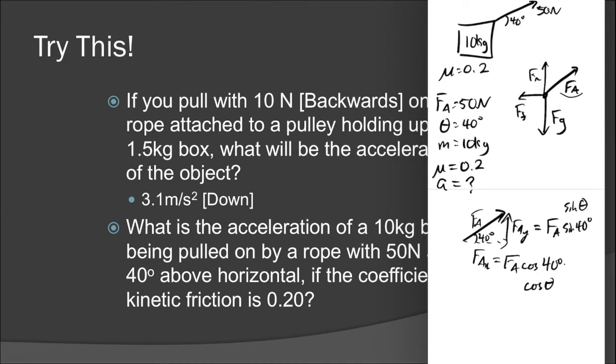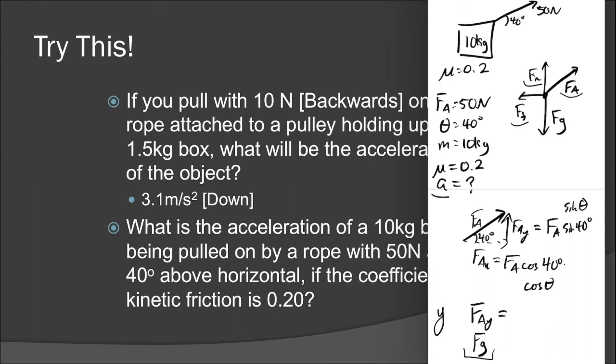So we know we wish to find the acceleration. Our first step is to look at our y force. Now in these questions, the first thing you need to check is to compare your FAY with your FG. If FAY is actually greater than your gravitational force, then this object will actually lift up off of the ground and you will have no normal force, which means you will have no friction.